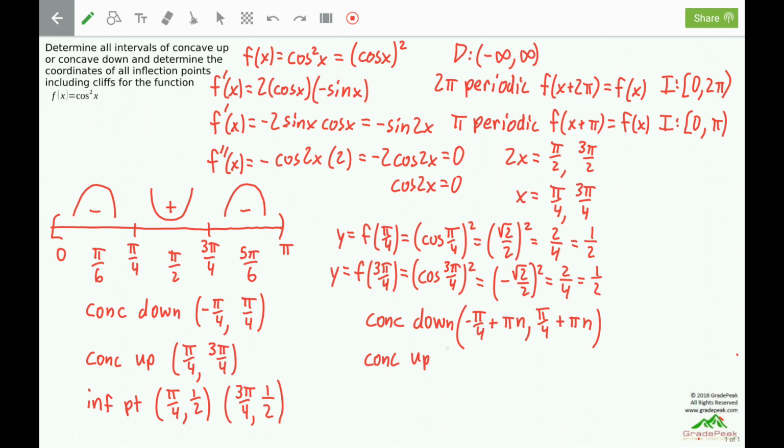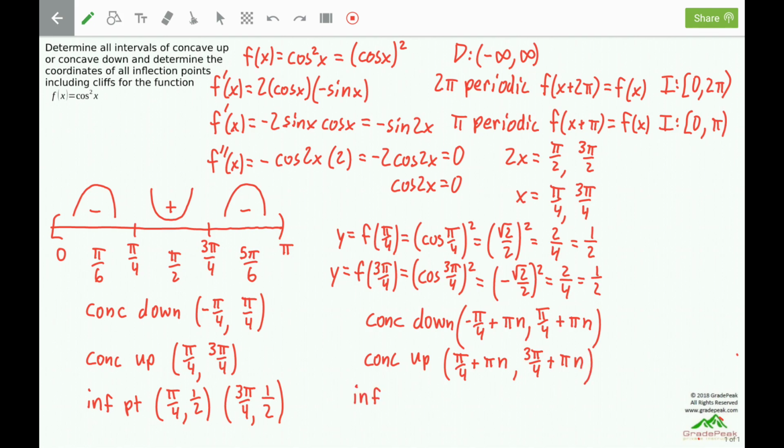Concave up from pi over 4 plus pi times an integer up to 3 pi over 4 plus pi times an integer.